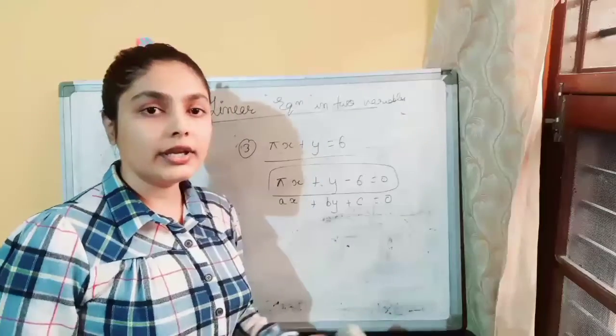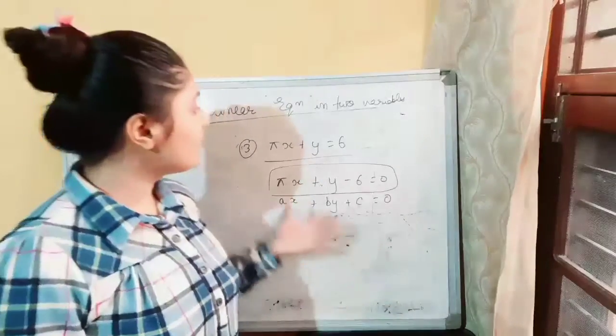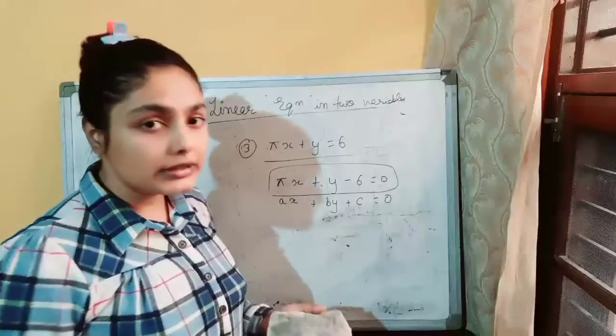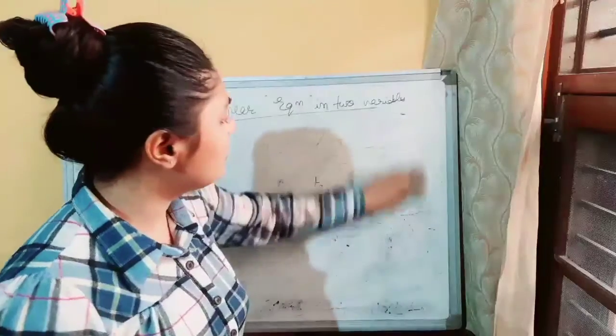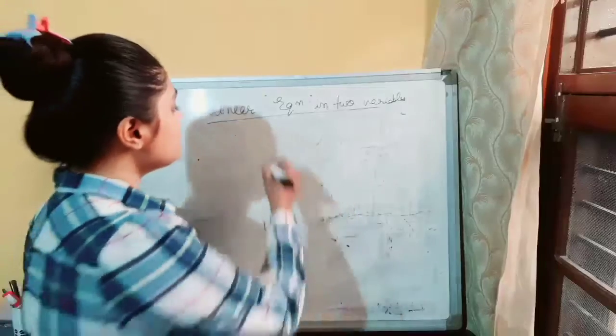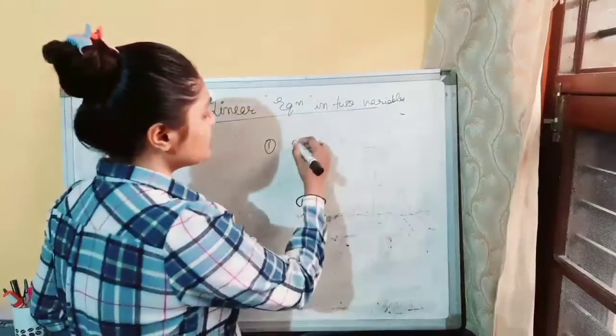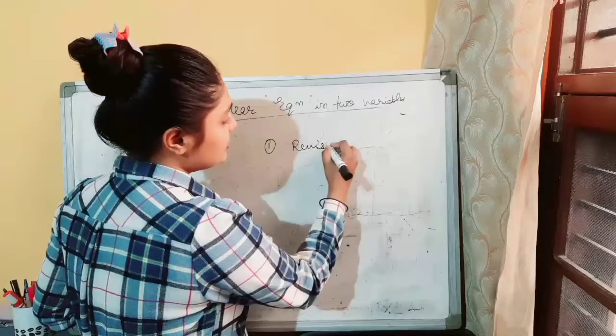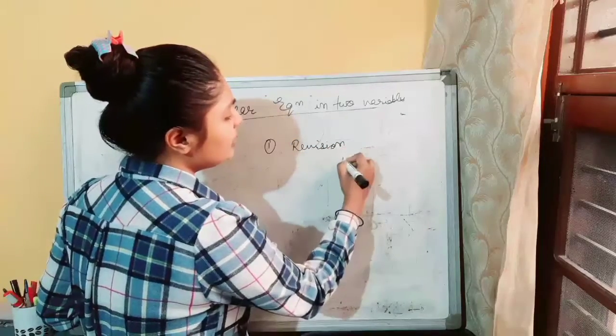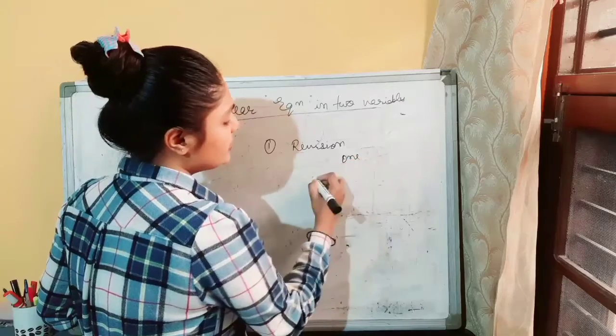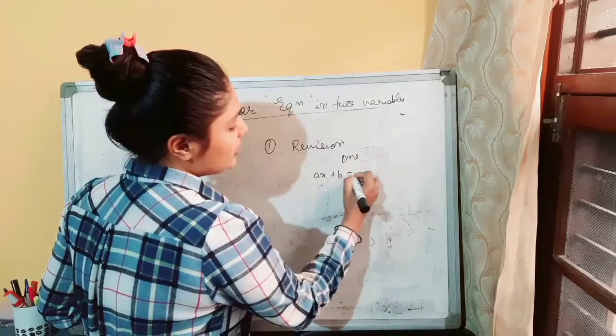So for today, this is enough for this video, and let me summarize what we have learned. First, we revised the linear equation in one variable, that is ax plus b is equal to 0.